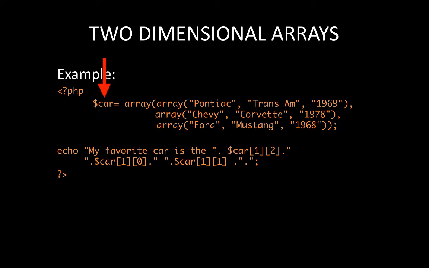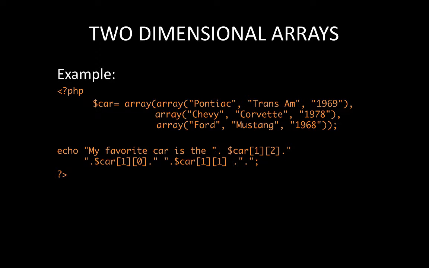We have $car, that's our variable, equals array. So everything that falls after it is an item or a value. And in this case, there are 2 sets. So inside of the array, we have an opening parenthesis, and we say there's another array. So the first item is array, and then it contains 3 values: Pontiac, Trans Am, and 1969.